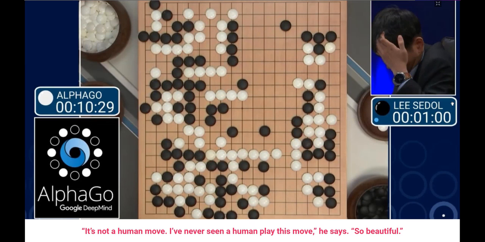The game of Go is significant for us because the number of move sets that are possible in a game of Go, just by the sheer arrangement of the pebbles that you see on the board, is greater than the number of atoms in the known observable universe. It's a staggering metaphor.